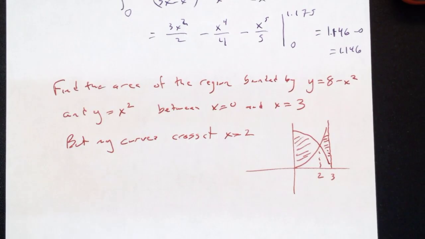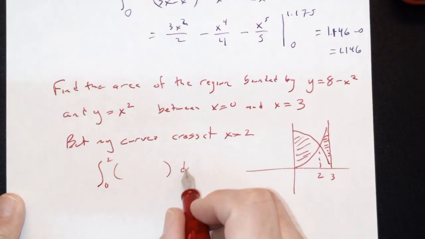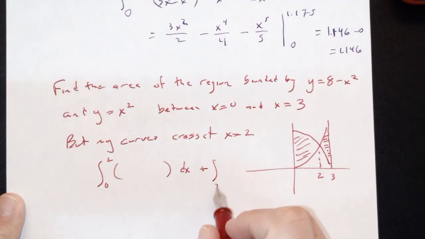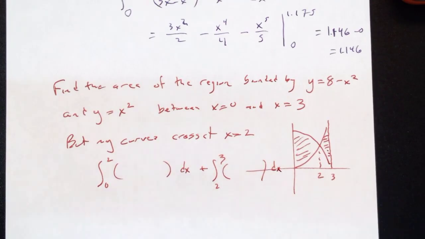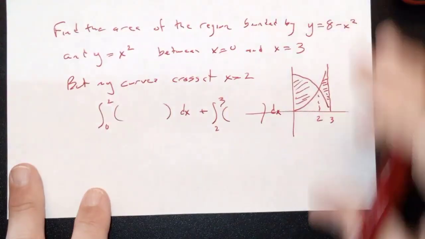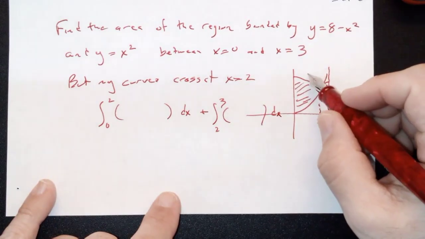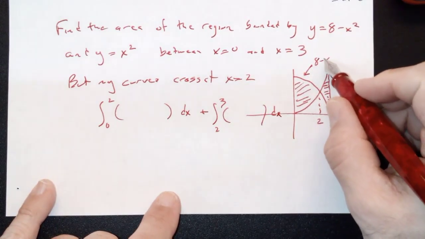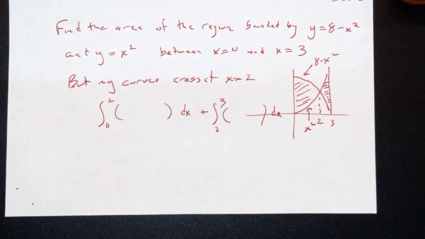All right, fine. I just need to know what goes inside each of those sets of parentheses. Which equation is which? And that makes this one the other one. And that means those two reverse roles in the second integral.